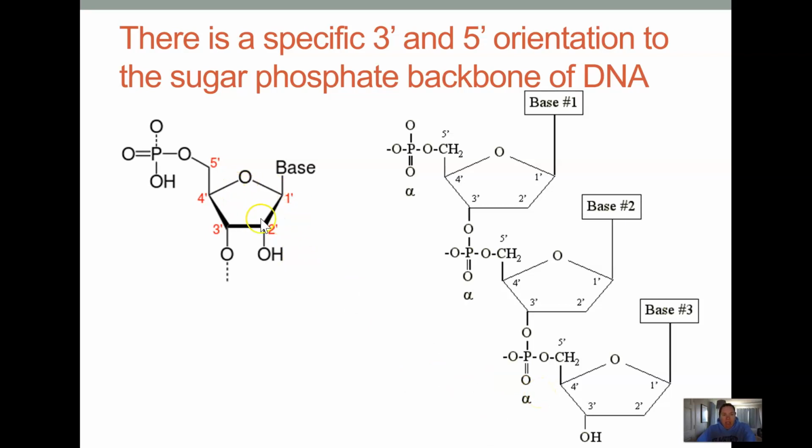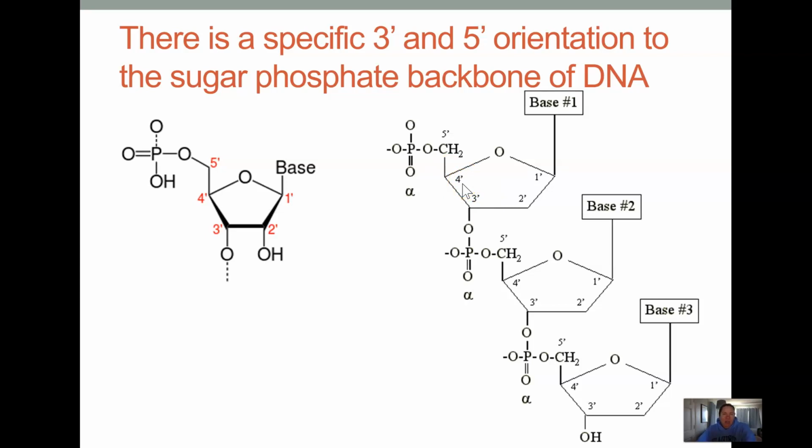Remember when we looked at this sugar, here's our ribose sugar, and here's our phosphate group. When we first looked at this, we numbered those carbons 1, 2, 3, 4, and 5. And that phosphate group is always on that 5' carbon. Just a little bit of organic chemistry: when we talk about the carbons, that little apostrophe we call prime.